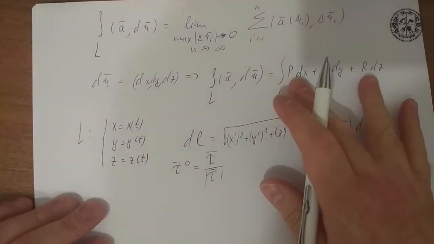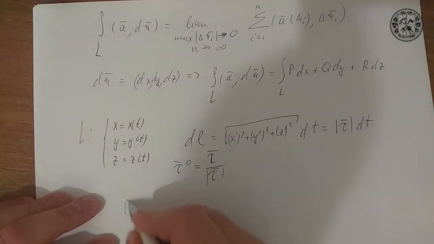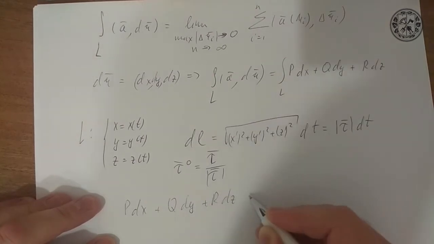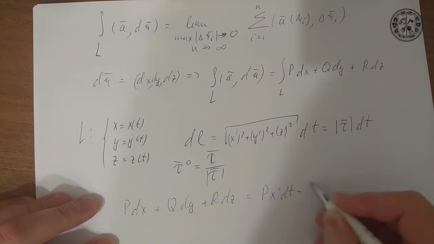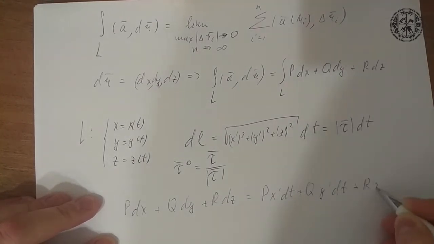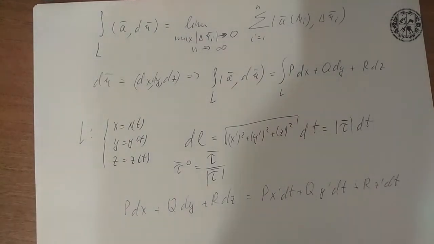Then this expression can be rewritten: P dx plus Q dy plus R dz will be P x prime dt plus Q y prime dt plus R z prime dt, and we can just integrate it as one function by t.